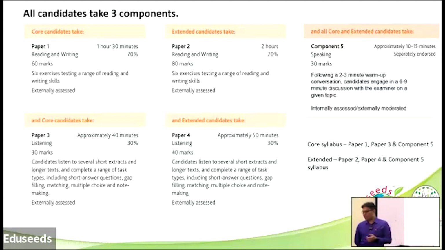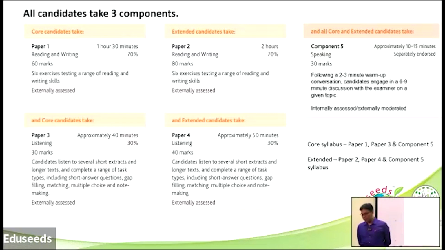Now, paper 2 is 2 hours long, makes up 70% of your marks, and consists of 80 marks. There are 6 exercises that will test your reading and writing skills. Paper 4 is much, much shorter. Approximately 50 minutes, makes up 30% of your marks, and has a total mark of 40.